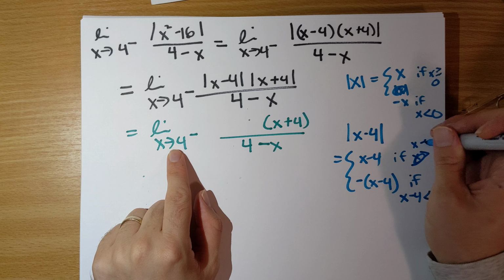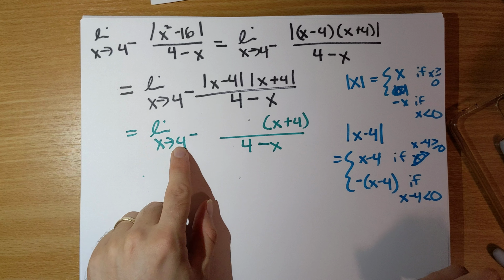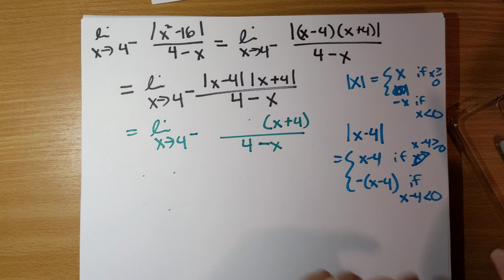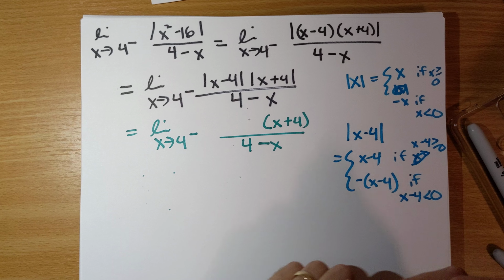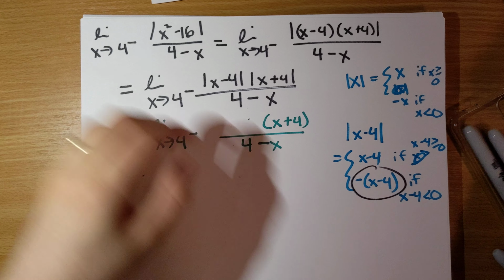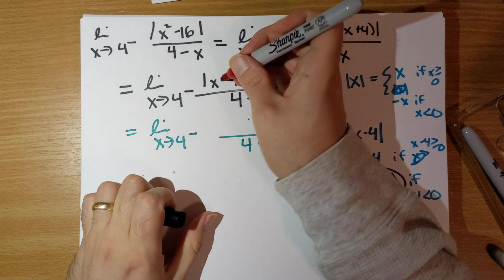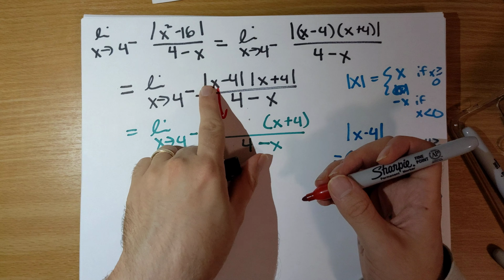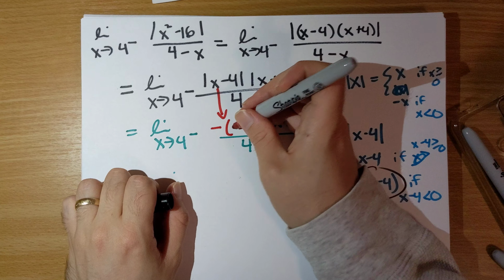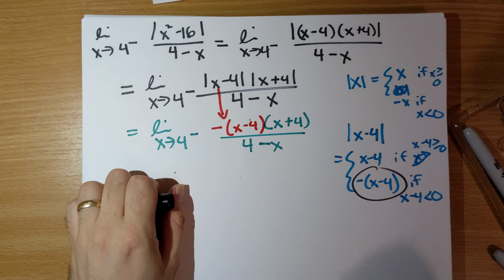If x is a little bit less than 4, and that's the meaning of x going to 4 from the left, then we're in this case here. This is the case that we want. And so we can replace the absolute value of x minus 4 with the negative of x minus 4.